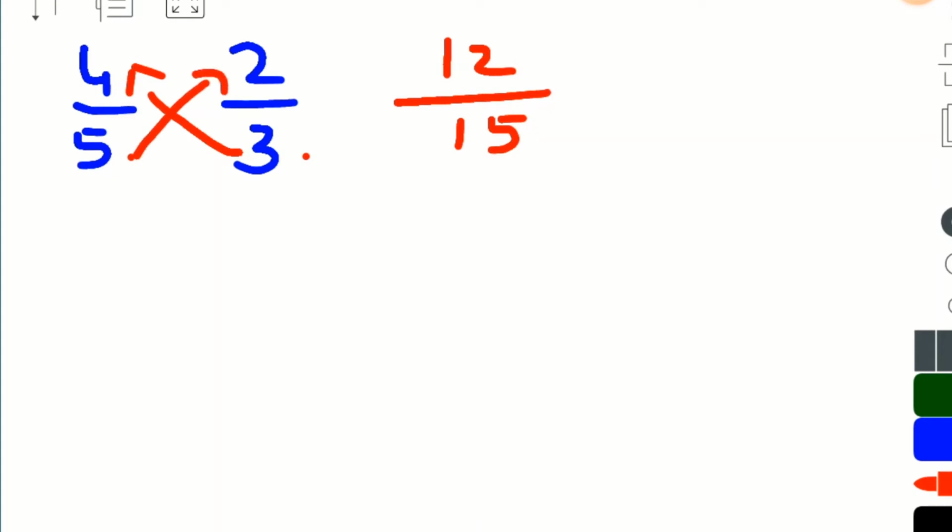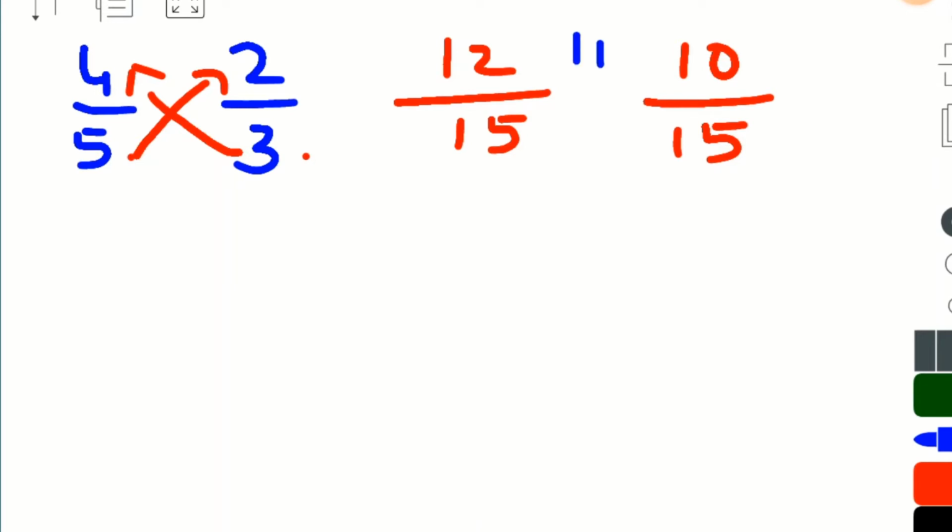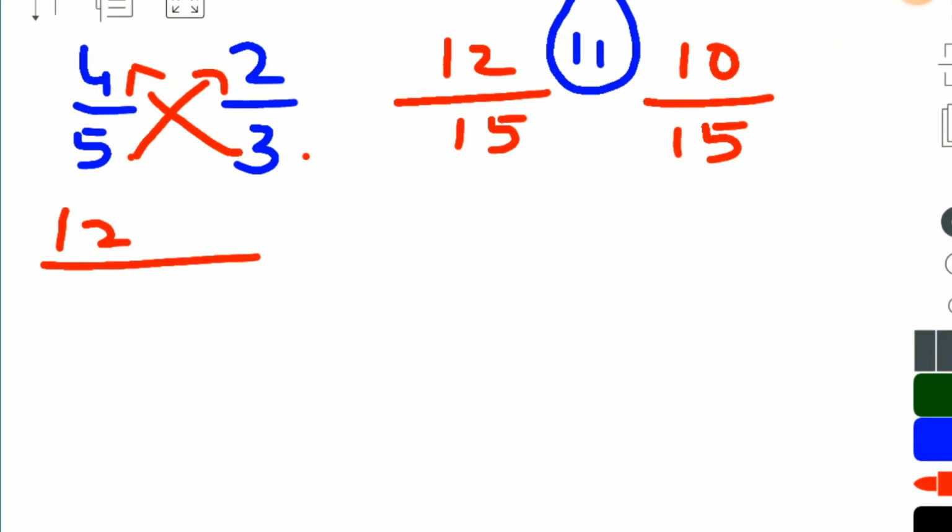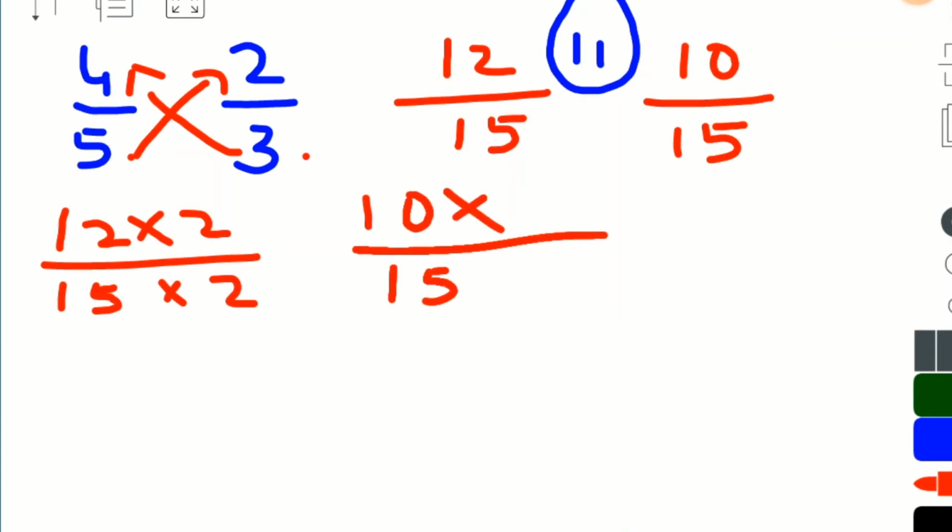So 5 2s are 10 and 5 3s are 15. Now we will see how many numbers are there between 12 and 10. There is only 11 between 12 and 10. Only one fraction you are getting. So we will increase this fraction. We will increase by multiplying 2. So 12 upon 15 multiply by 2 numerator, and same way for 10 upon 15 we will multiply with 2.